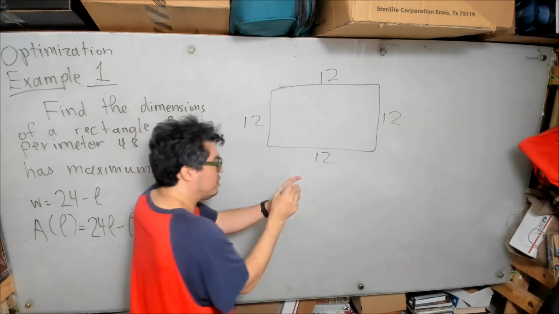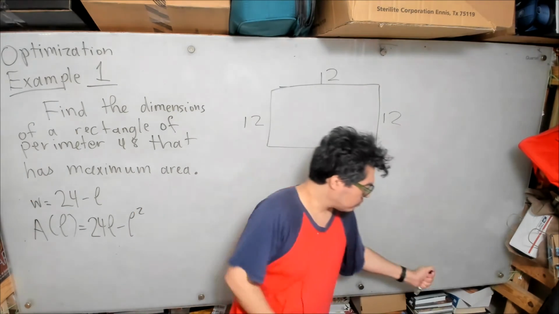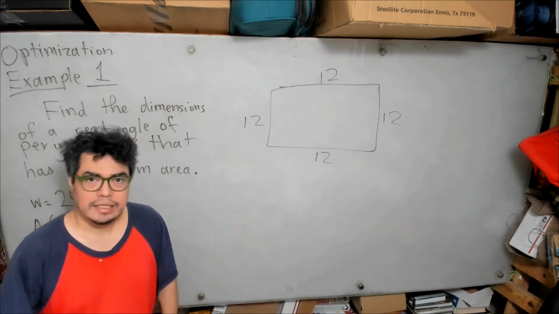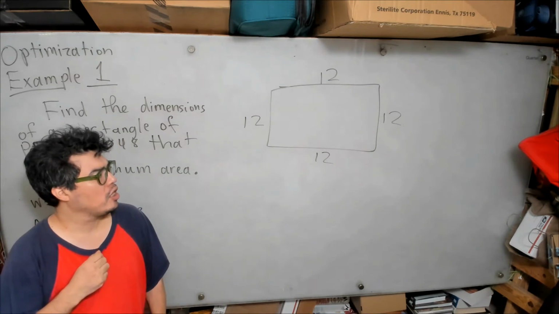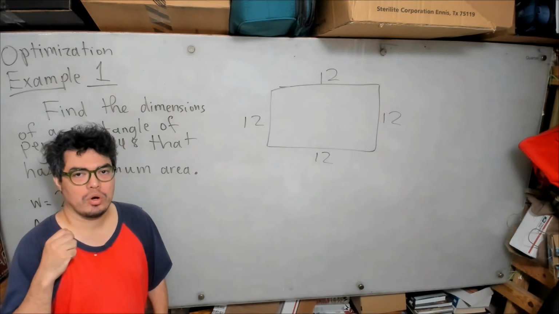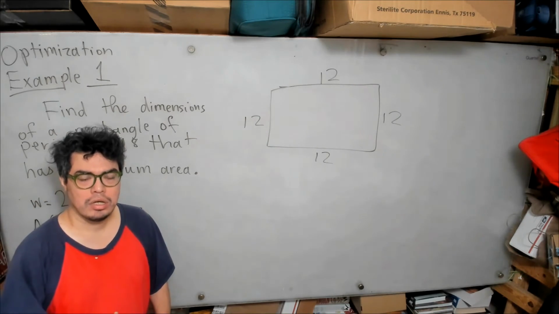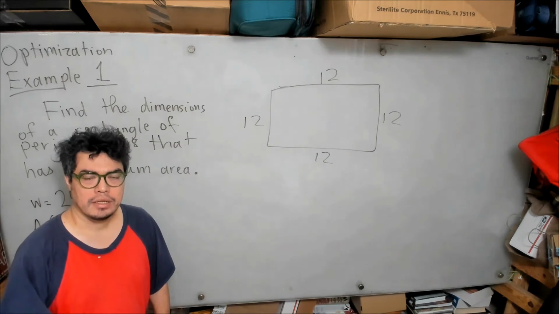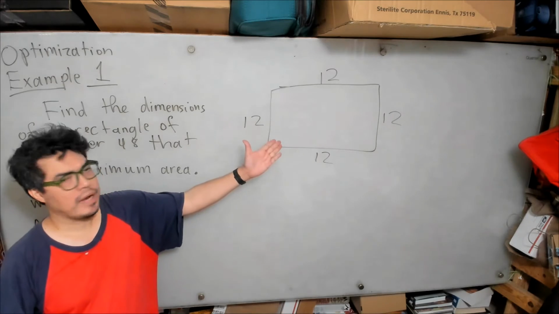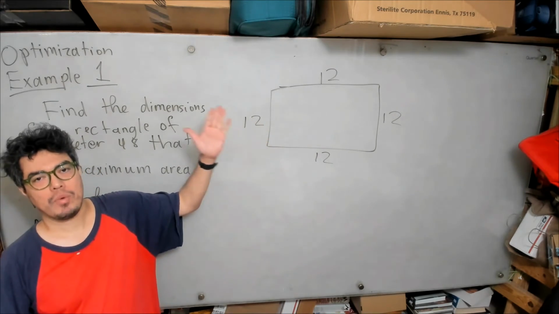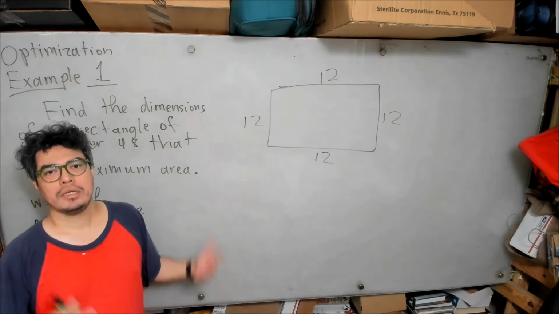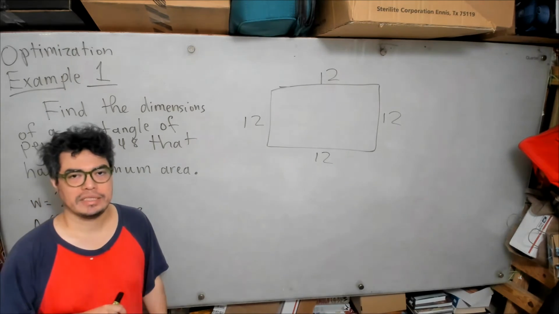And so we can now state conclusively that the dimensions of the rectangle with perimeter 48 that encloses the maximum area is the rectangle with length 12 and width 12, or in other words, the square with side length 12.